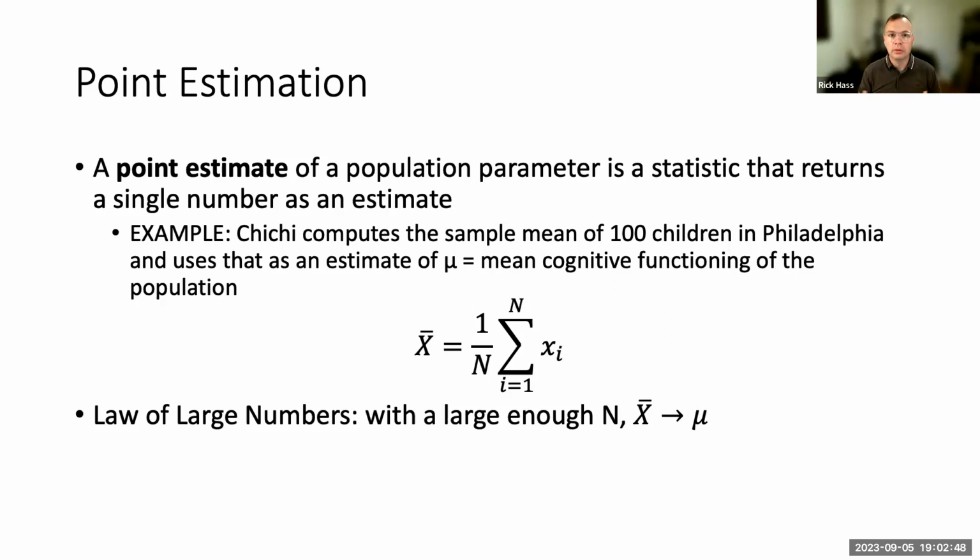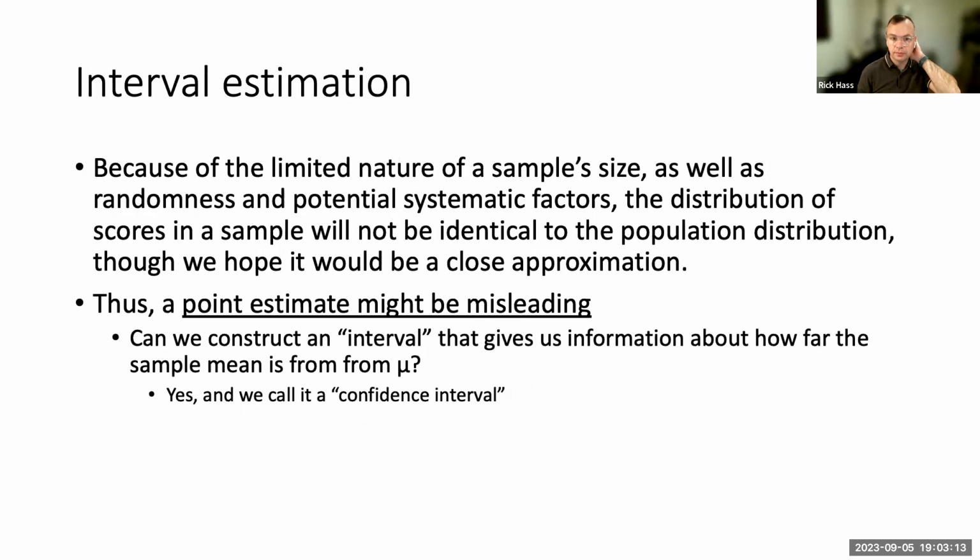I'll give you a preview. Turns out that distribution, if the sample size is large enough, or if cognitive functioning is really normally distributed, in either case, large sample or underlying normally distributed variable, the distribution of sample means is also going to be normally distributed. That's helpful because it's going to help us make those certainty and uncertainty statements.